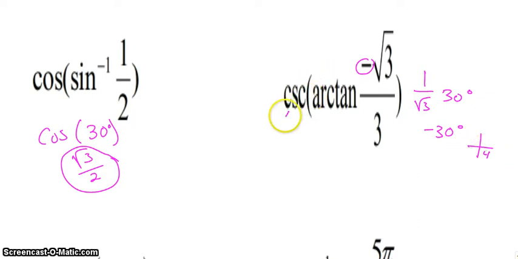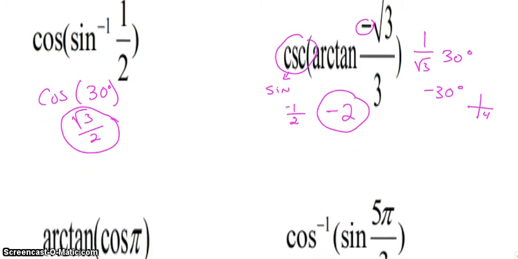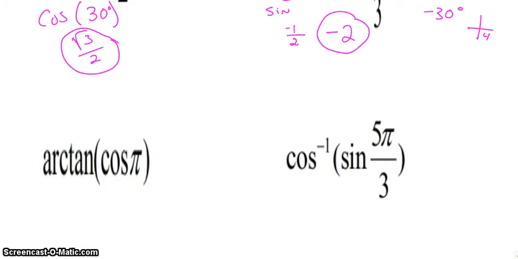So cosecant goes with sine. So my sine in the fourth quadrant, so negative value of 30 in the fourth quadrant, is 1/2 negative. And I want cosecant, so I'll flip that and get -2. We will do plenty of practice, particularly with these dual step ones.